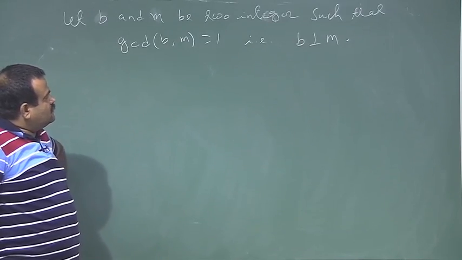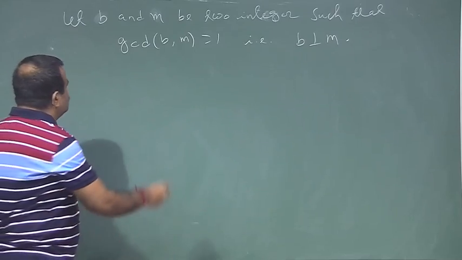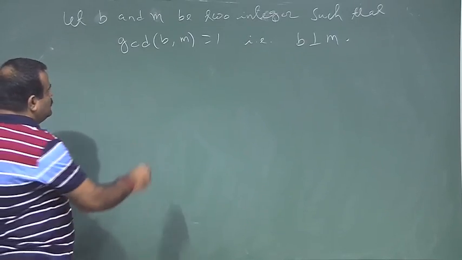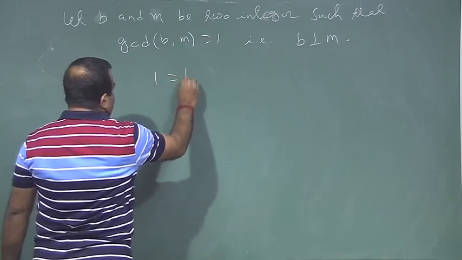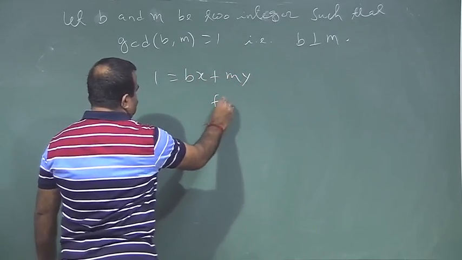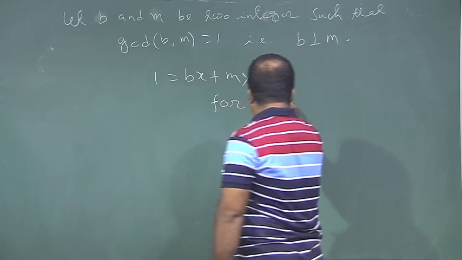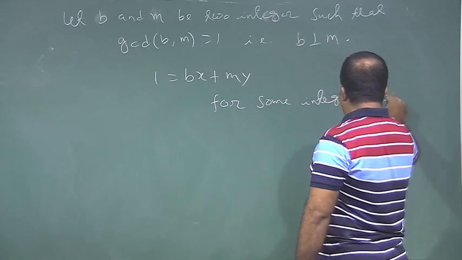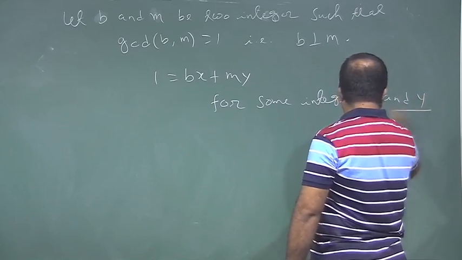We have proved the theorem, so there should exist x and y such that 1 is equal to B x plus M y for some integers x and y.